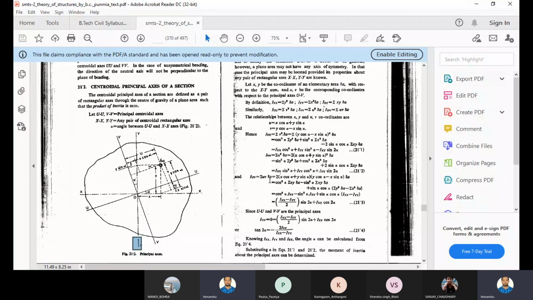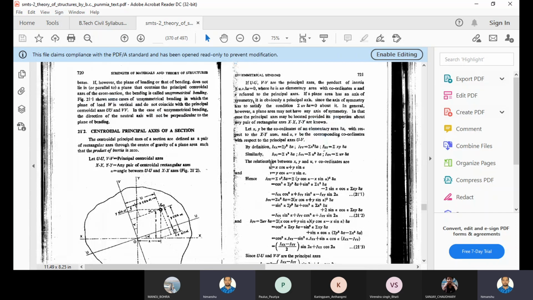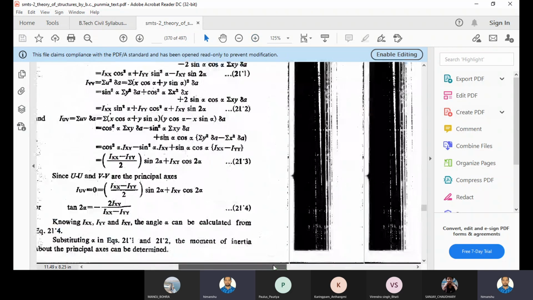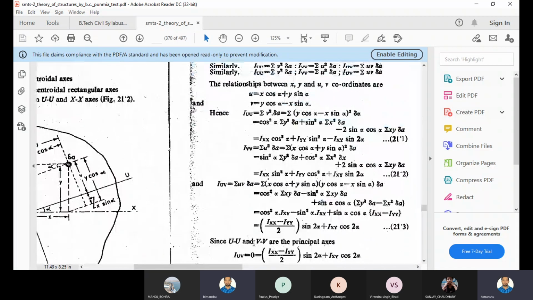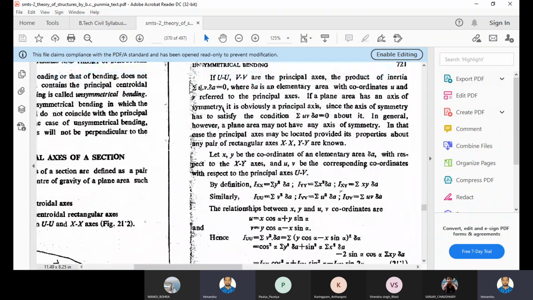So if we are assuming that UU and VV are the principal axes, the product of inertia of these two axes should be 0. So we'll write that the summation of U into V into delta A should be 0.